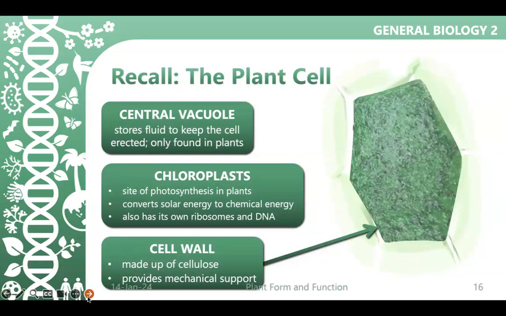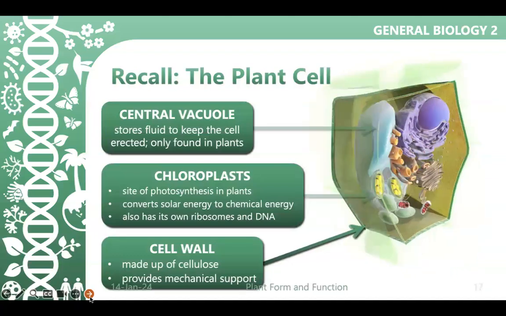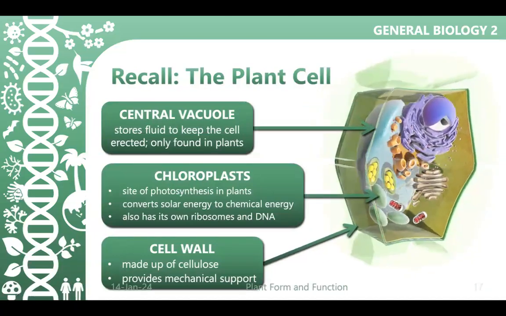So they are only found in plants. At the same time, they are capable of photosynthesis through organelles called chloroplasts, which are rich in chlorophyll. And we also have a cell wall, which distinguishes plants from animals that do not have a cell wall. So here are the parts.